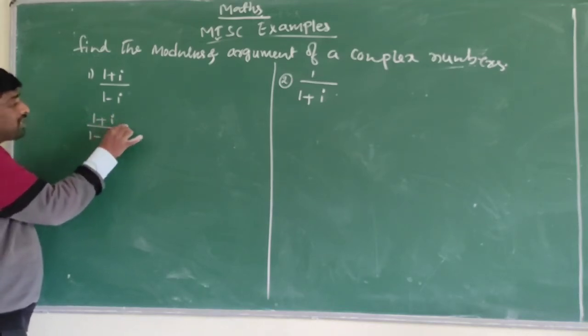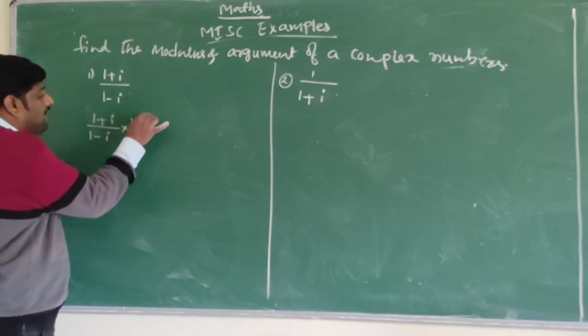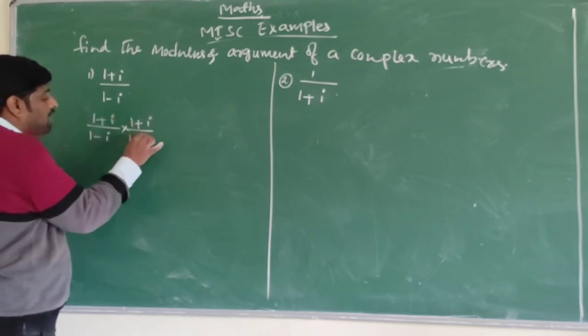Rationalize the denominator by multiplying by 1 plus i divided by 1 plus i.